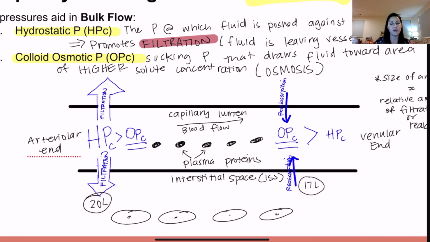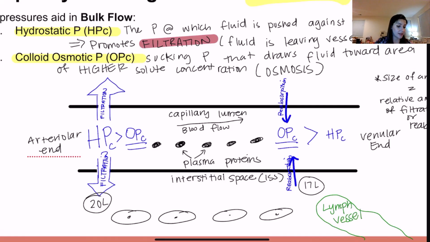So we have some fluid that remains in the tissue, in the interstitial space. And that fluid gets removed by this other thing that I haven't told you about yet, which is called a lymph vessel. I'm just going to draw it like a little finger sticking out.